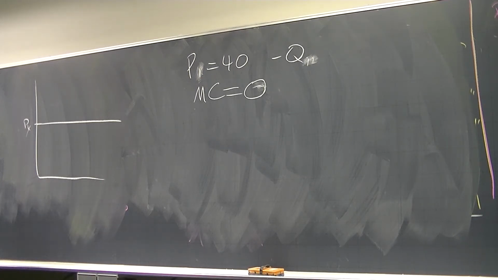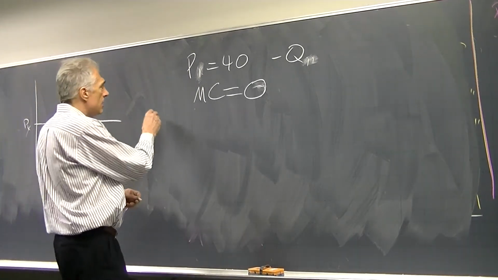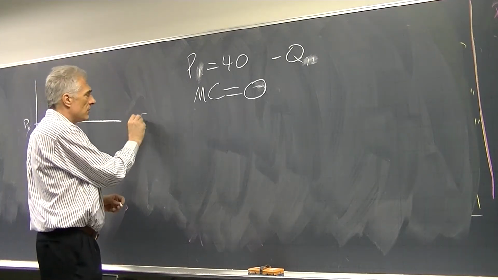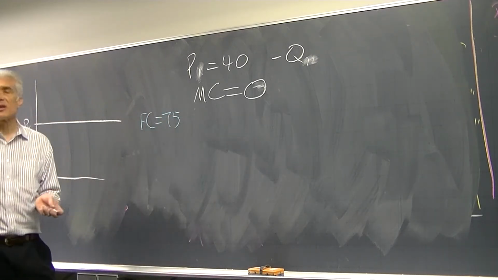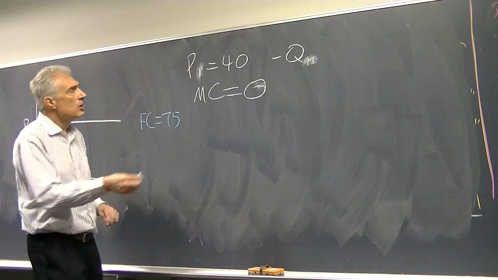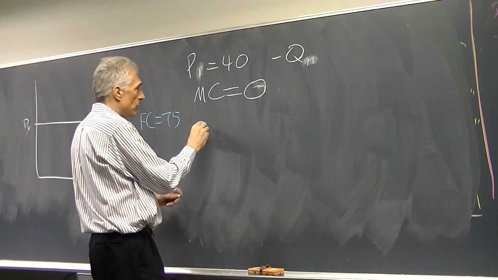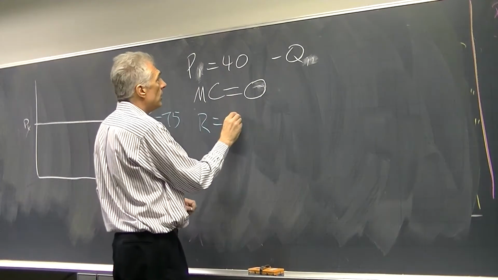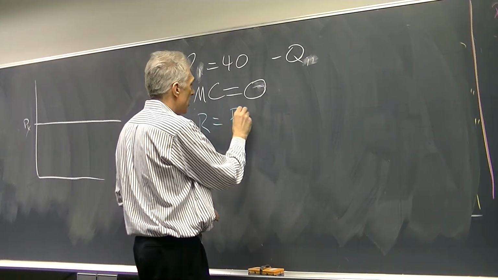The reason is, and we'll get to this in a moment, let's say we had a fixed cost equal to 75, that was for one condition, but I asked, what's the fixed cost where they wouldn't even bother to enter the market? Well, we know that revenue equals price times quantity.